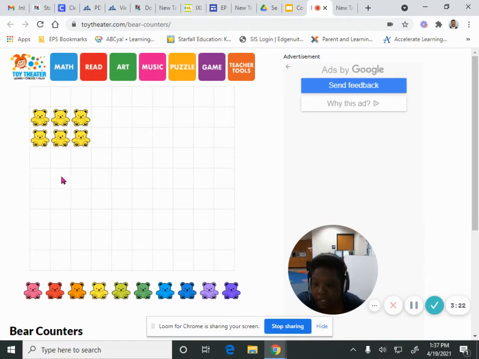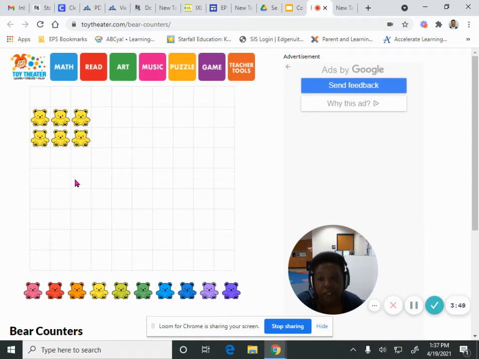So let's count our legs. How many legs do we have if we have 3 sheep? Let's see. Let's count them. 1, 2, 3, 4, 5, 6, 7, 8, 9, 10, 11, 12. 12 legs.